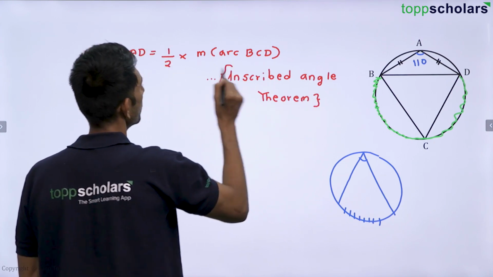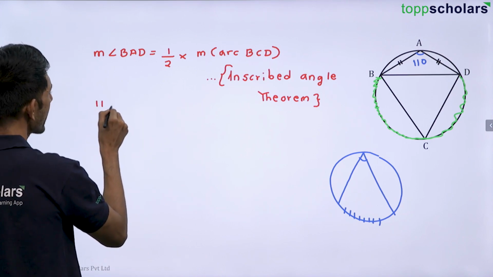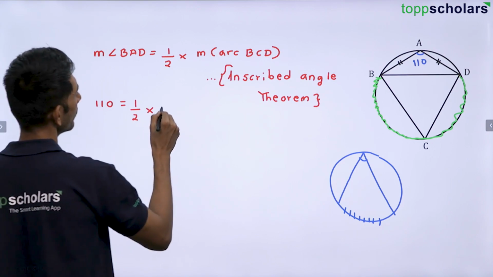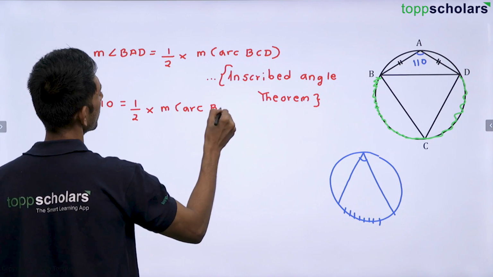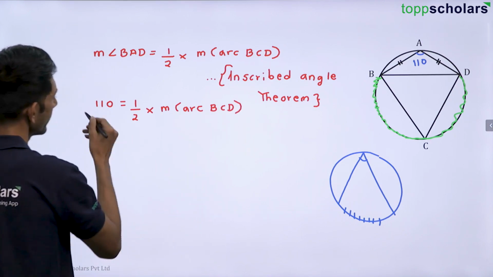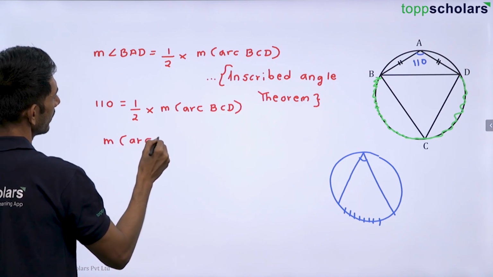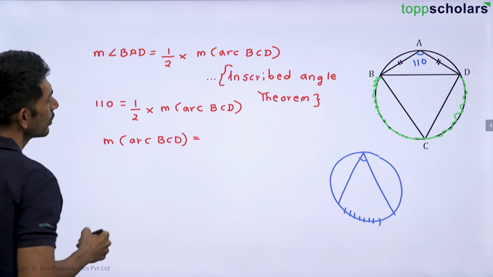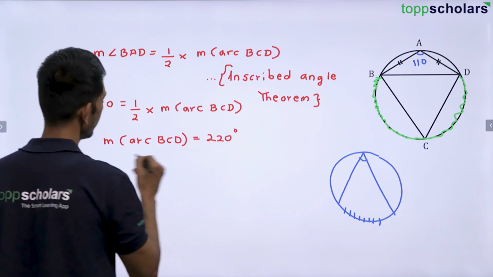Correct. But BAD is already 110, so can I say 110 is equal to half of measure of arc BCD. So 2 goes that side, so I get measure of arc BCD is equal to 110 into 2, that is 220 degrees, right?